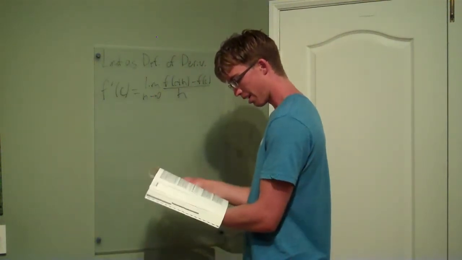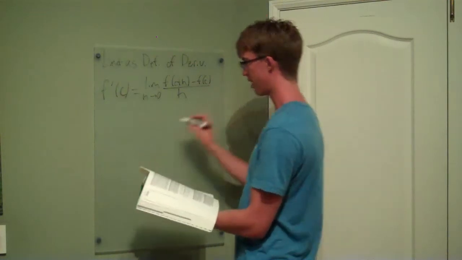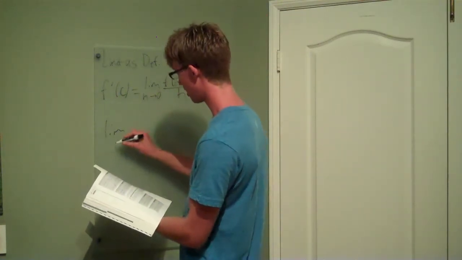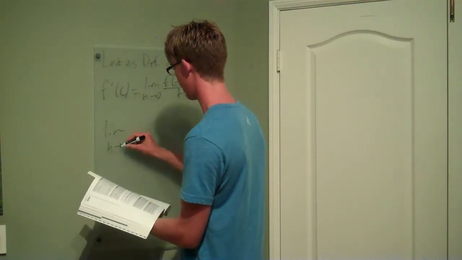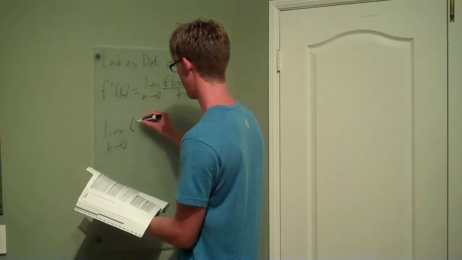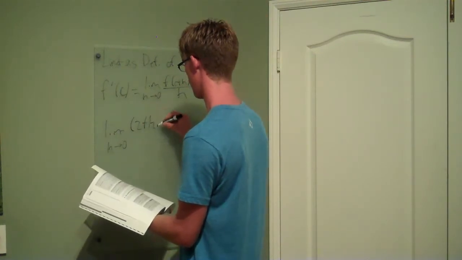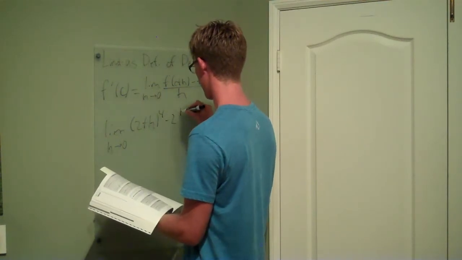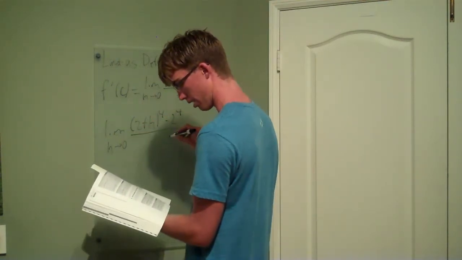And so, you may be given a limit that looks something like this. The limit as h goes to 0 of (2 plus h) to the 4th minus 2 to the 4th over h.